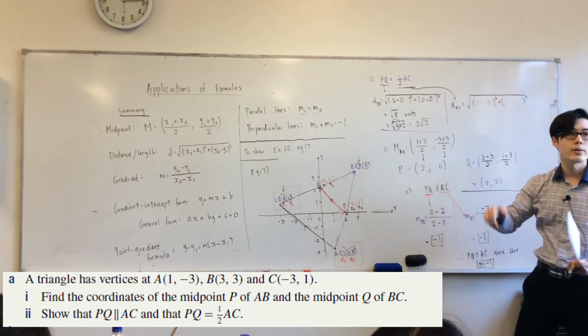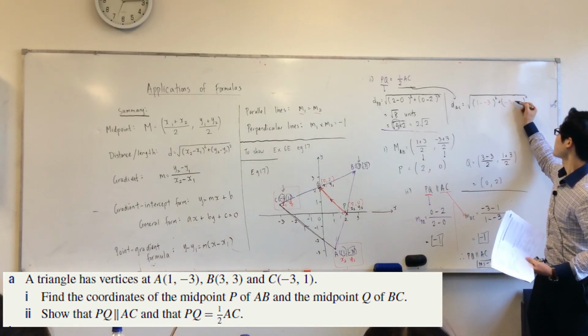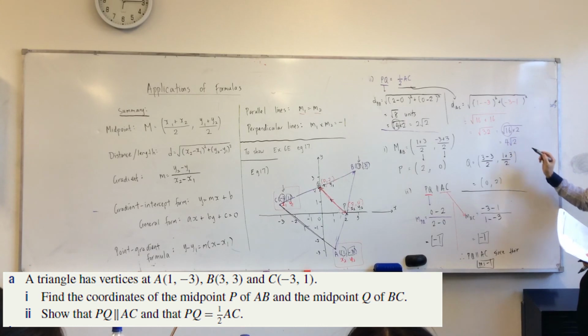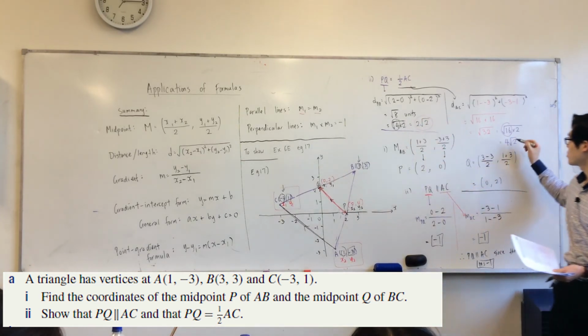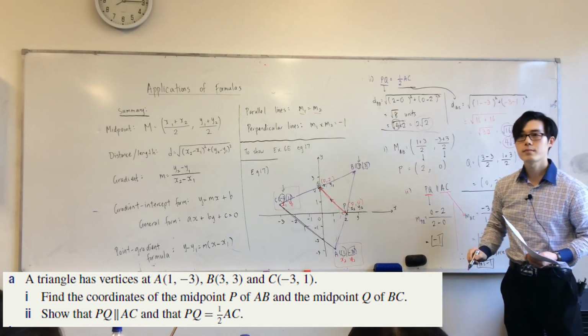We'll evaluate later. And y2 minus y1, that's minus 3 minus 1. And girls, as you can clearly see, this 2 root 2 is half of 4 root 2. So we've proven that.